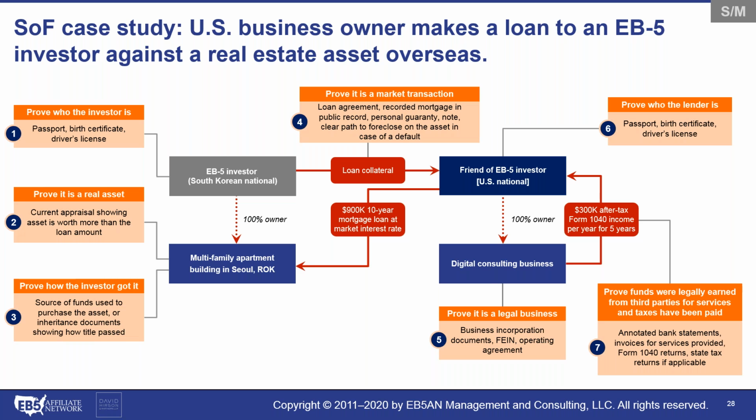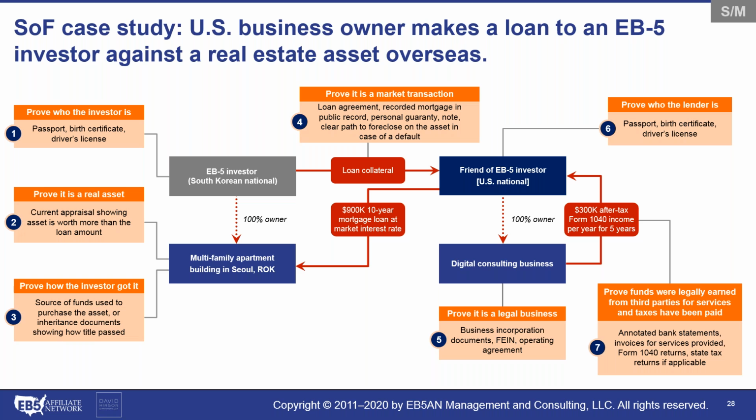And again, this is going to vary by local jurisdiction, but in general, if you're getting funds from a loan or a gift, you're going to have to show not only that you got those funds, but where the person who's giving them or loaning them to you got them, particularly if you're getting a loan from a private business.